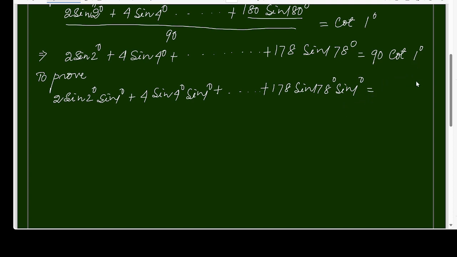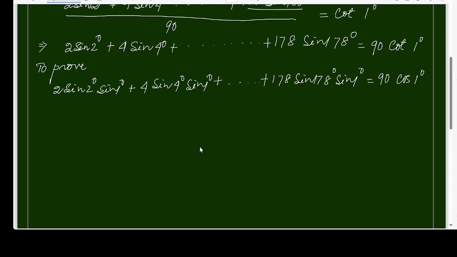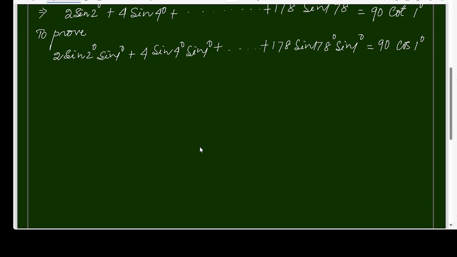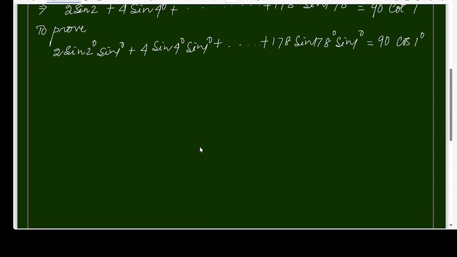So when we multiply sine 1, it will be cancelled. That will be, I have to prove that, 90 times of cos 1 degree. So this is another form of the question.